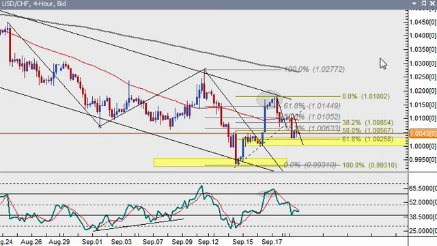So we may be establishing a type of ranging action, just like in the dollar Japanese yen. Here, if the market fails to break below 61.8 and starts to rally with strength, look for it to go towards 1.04.